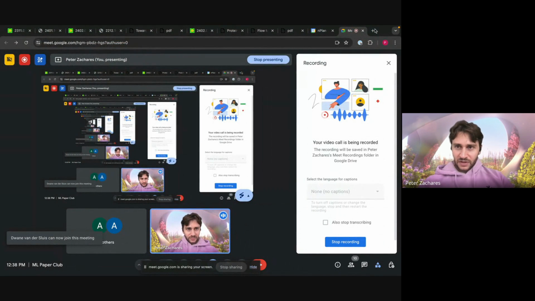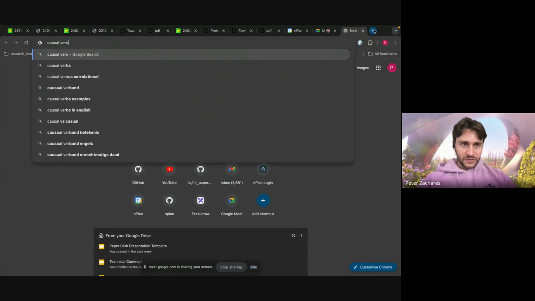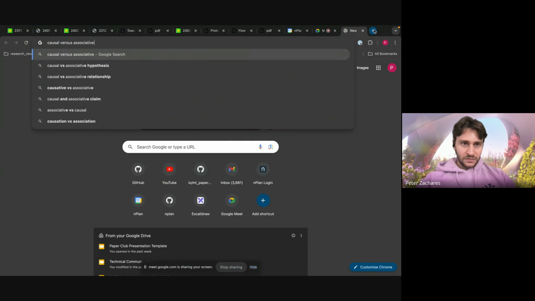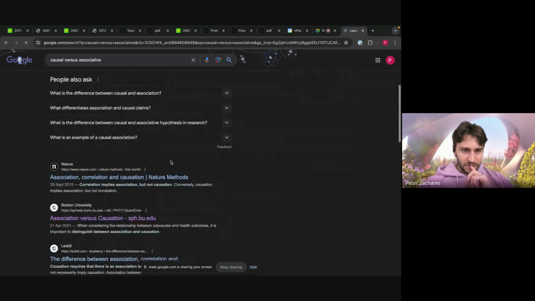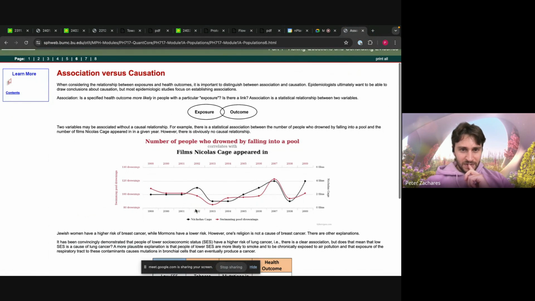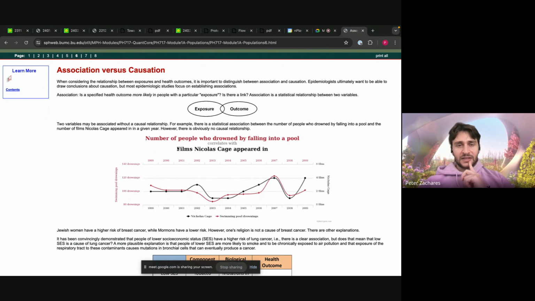I saw a funny one: there's a correlation between the number of people who drowned by falling into pools and films that Nicolas Cage appeared in, over time. That's an associative relationship. There's a pattern that seems to exist there, but it's not causal, because Nicolas Cage appearing in films doesn't cause people to drown in pools, I think.